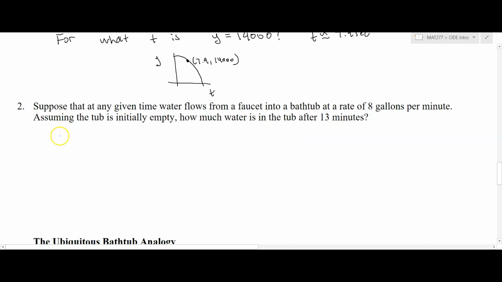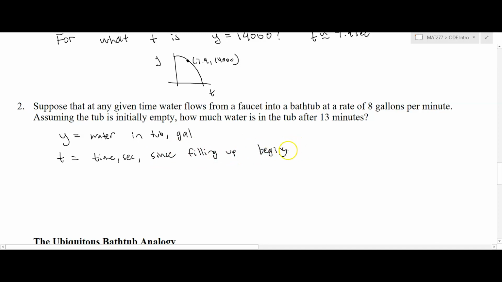What we want to keep track of, our y variable, you don't have to call it y, is the amount of water in the tub, measured in gallons, and t will be time in minutes since filling up begins.